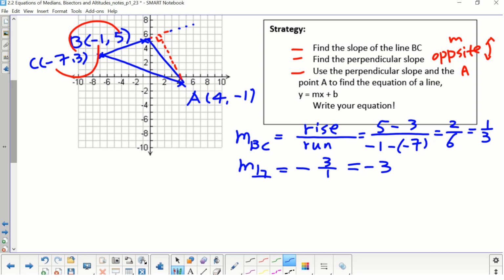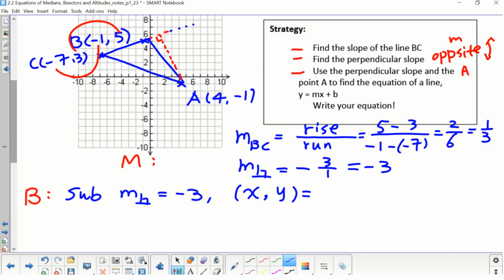So we have the slope, we have a point. So sub. So this is the M. We have done the M slope part and now the B part, the y-intercept part. Y-intercept is sub in the point. The point is point A. You have 3 points, so you need to be careful which point you are going to sub in. So this is x, y into y equals mx plus b.